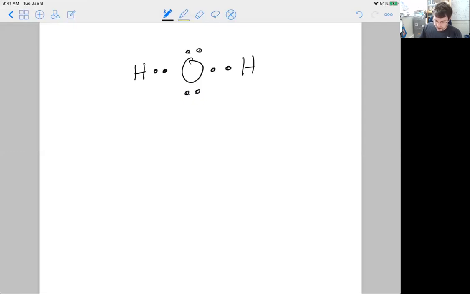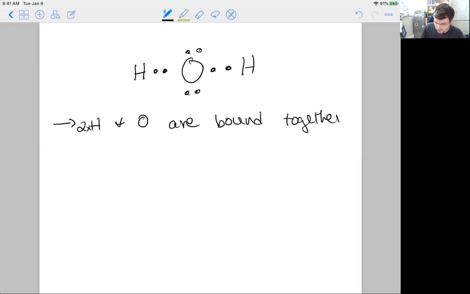But what about our hydrogen and oxygen atoms? In this case, their sacrifice is they're forever bonded to each other. Wherever that oxygen goes, the hydrogens must follow along. The 2 H's and O are bound together through this covalent interaction, or I could say via the covalent bonds.